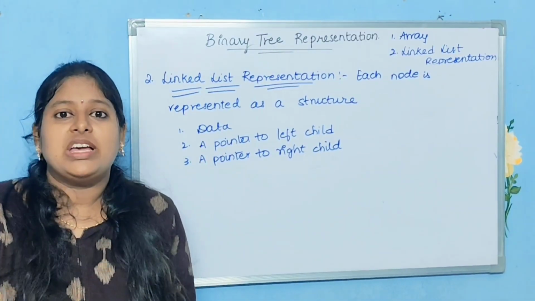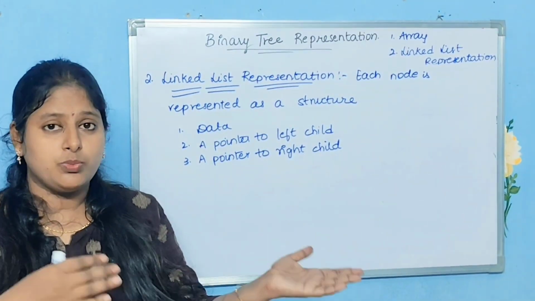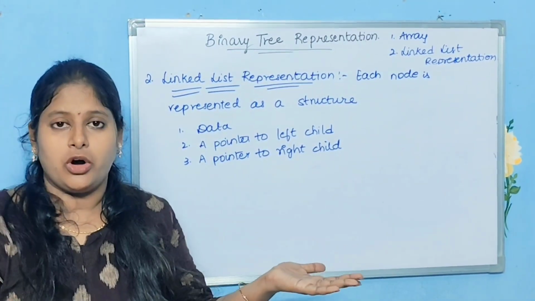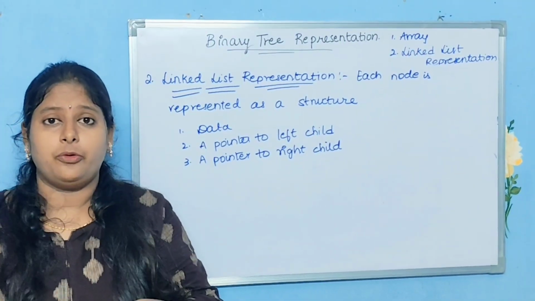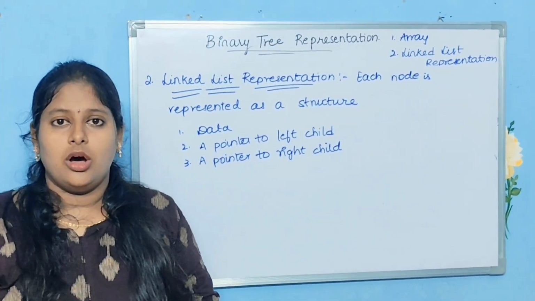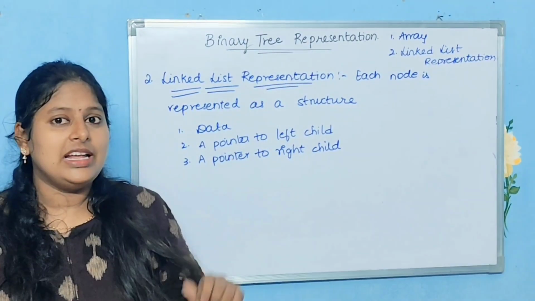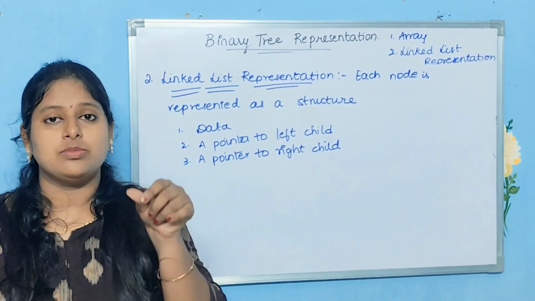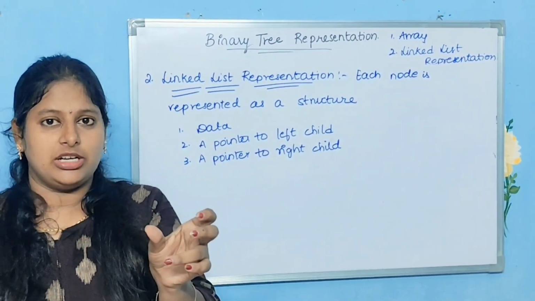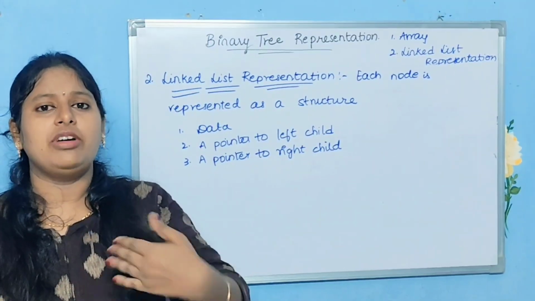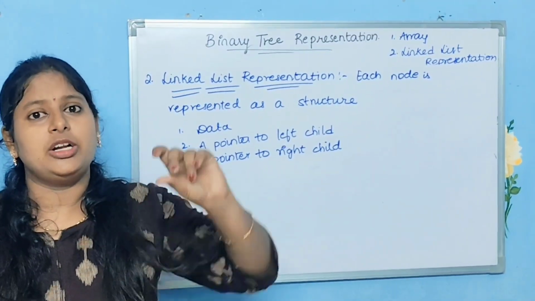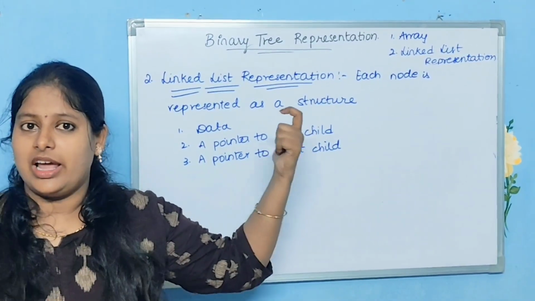All the other space required for storing those other 4 elements is getting wasted. So to overcome that problem, we have come to linked list representation. That means memory will be created dynamically. You can create memory only when it is needed. You need not create it beforehand statically like arrays.